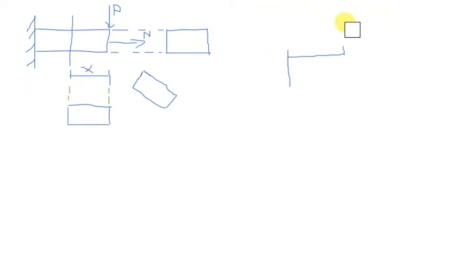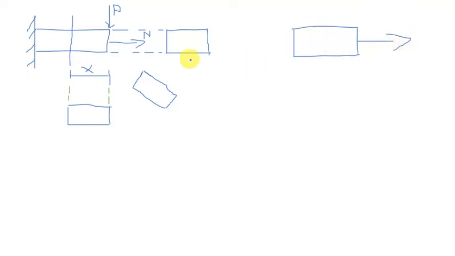Let me just clear this one, then I draw another one which is looking better. For simplicity, we have this member here, right? Then there is this axial load which is acting at this point.